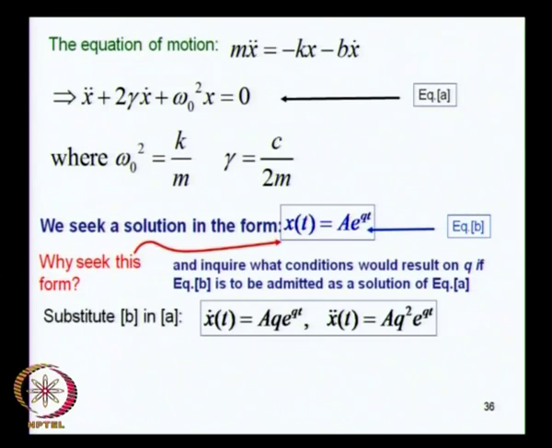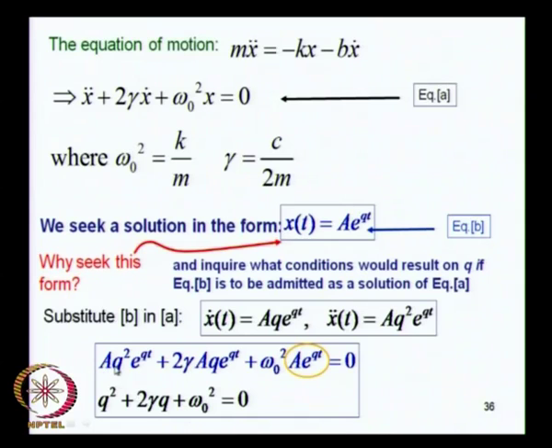Now, using this form, what do we get? What we do is to take the derivative, the first derivative x dot and the second derivative x double dot. Now, when you do that and you plug this first derivative and the second derivative back in this equation, you get a q square e to the q t.